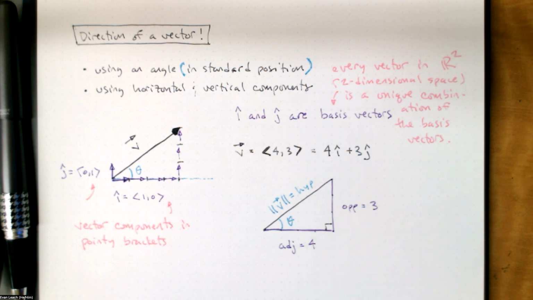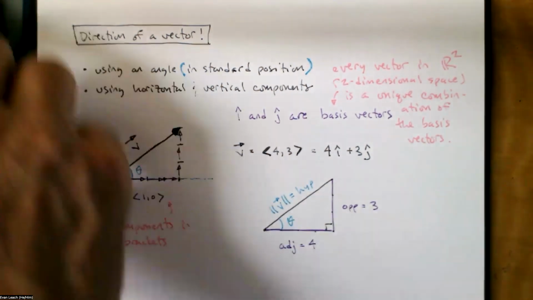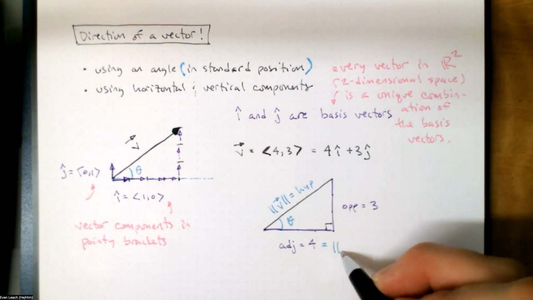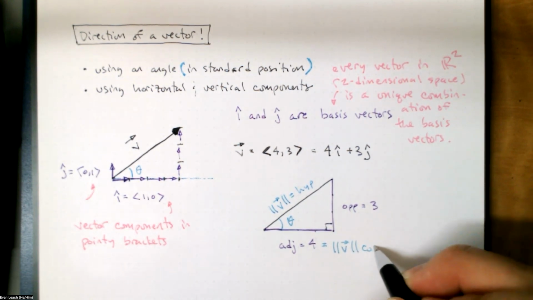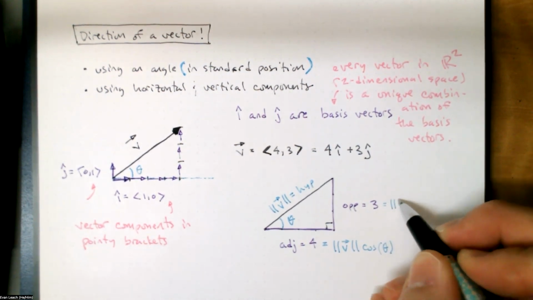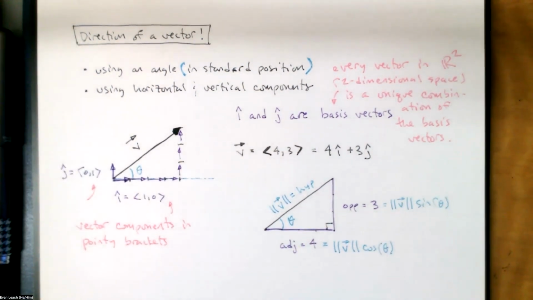So if we want to translate between the two, the adjacent side will be the hypotenuse times the cosine of theta, and the opposite side will be the hypotenuse times the sine of theta. At this point, we notice that we're just doing the problem that we did on Monday backwards.